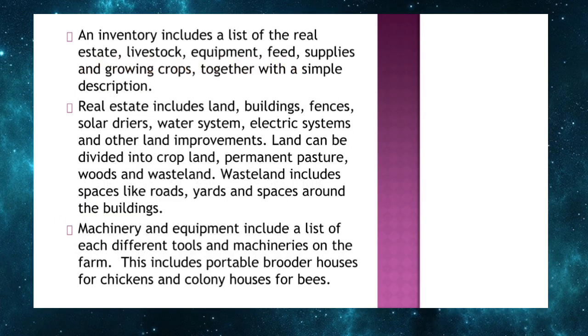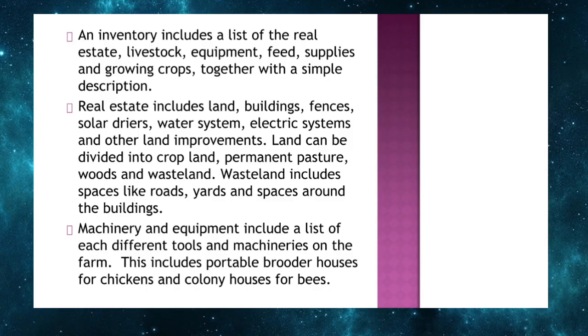This slide explains what is included in a farm inventory. It contains a detailed list of real estate, livestock, equipment, feed, supplies, and growing crops. Real estate includes land, buildings, fences, water and electrical systems, and other improvements. Land is categorized into cropland, pasture, forest, and wasteland.